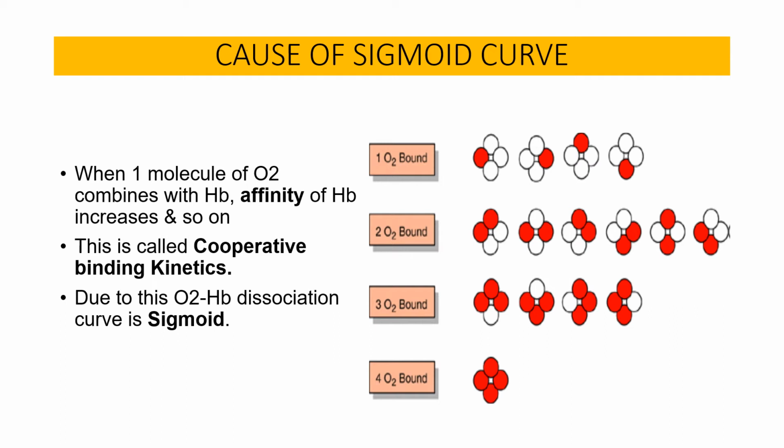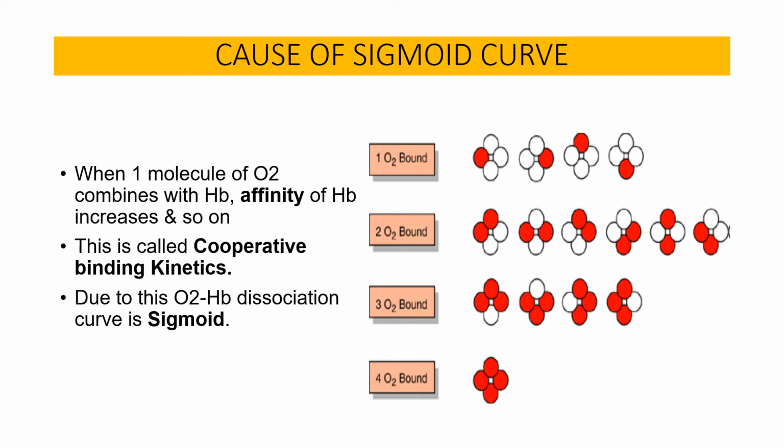The cause is that as the oxygen attaches to one molecule of heme, there is an increased affinity for the second molecule. When the second molecule is bound, there is further increase in the affinity of the third.